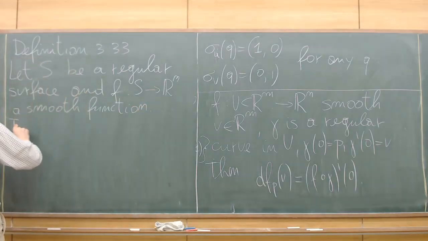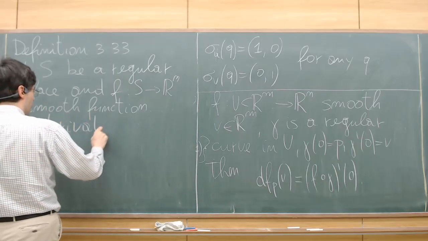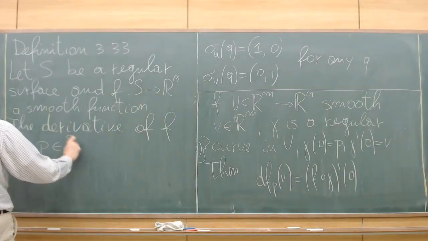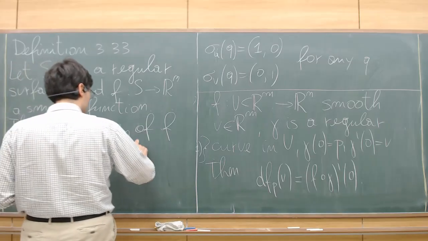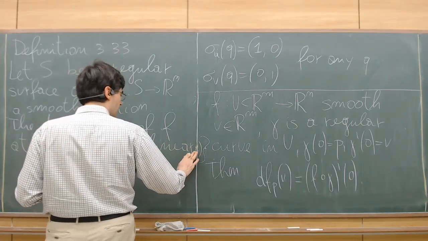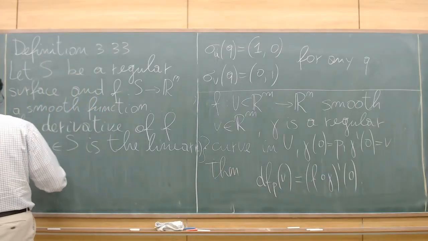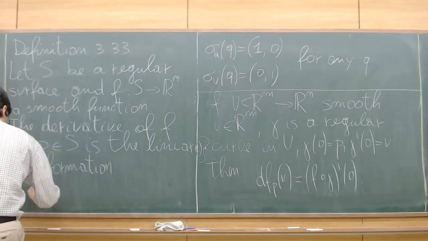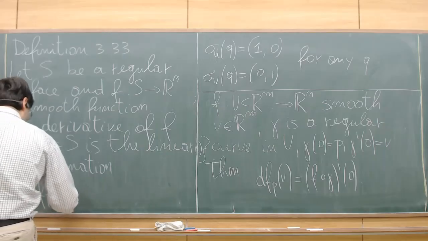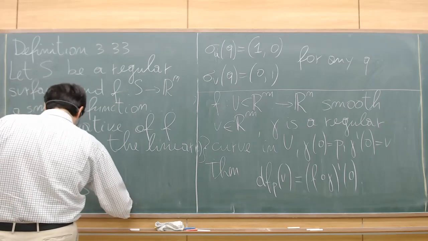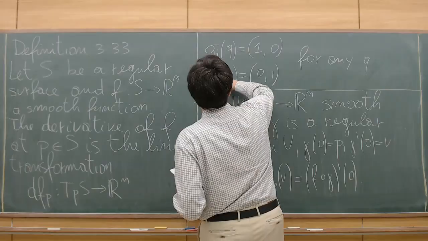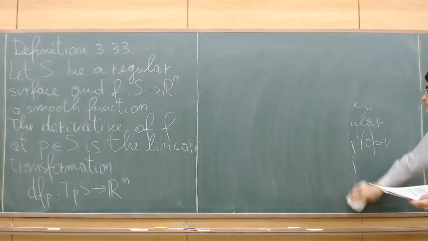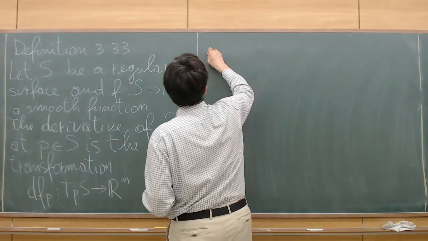Then the derivative of f at P is the linear transformation df_P defined on T_P S with values in Rn, defined as follows.